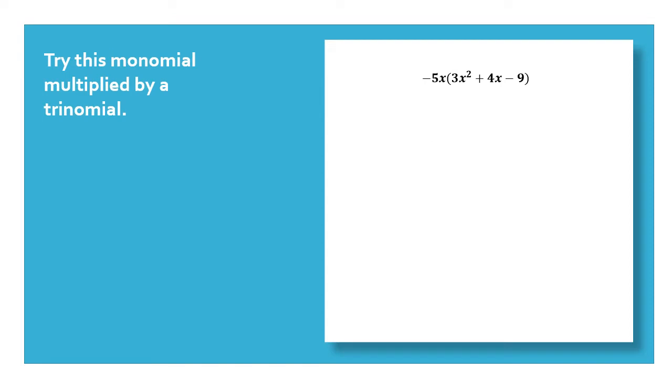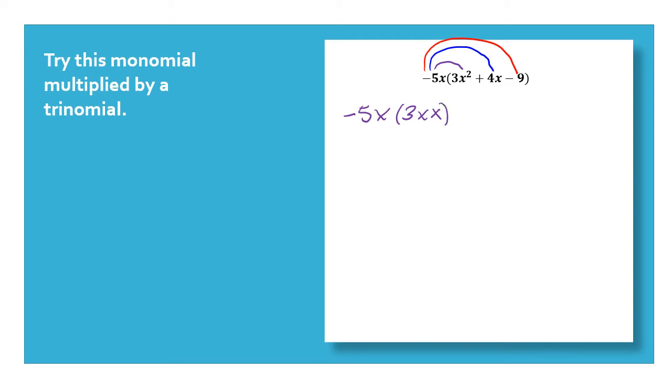Okay, so now we have one a little bit more complicated. This is a monomial, negative 5x, multiplied by a trinomial, 3x squared plus 4x minus 9. So I'm going to take my negative 5x and multiply it by 3x squared, multiply it by positive 4x, and multiply it by negative 9. So let's do negative 5x first times 3x squared, and I'm going to write out x squared.